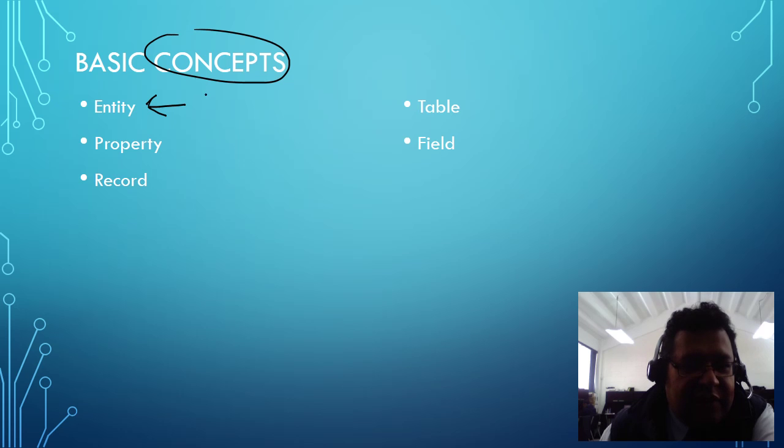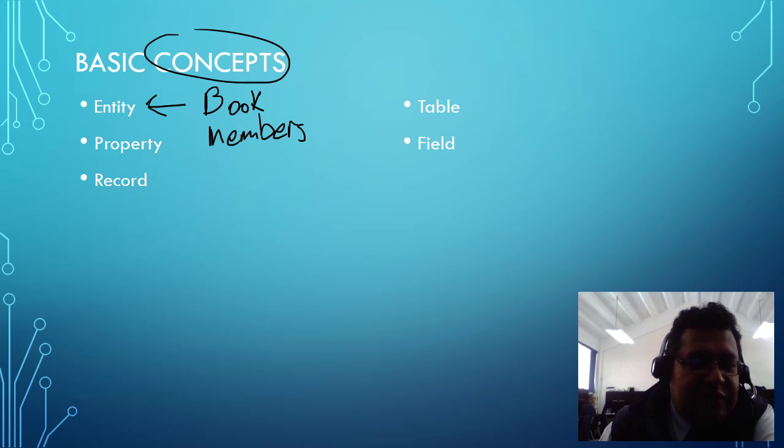Entities are things like, for example, if you have the database of a library, you might have books, and that's going to be an entity. You might have members, and that's going to be an entity in the database.